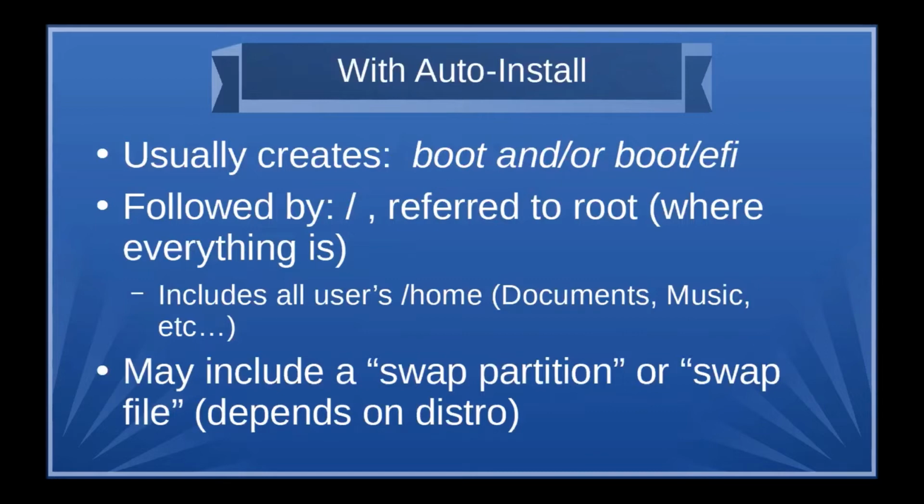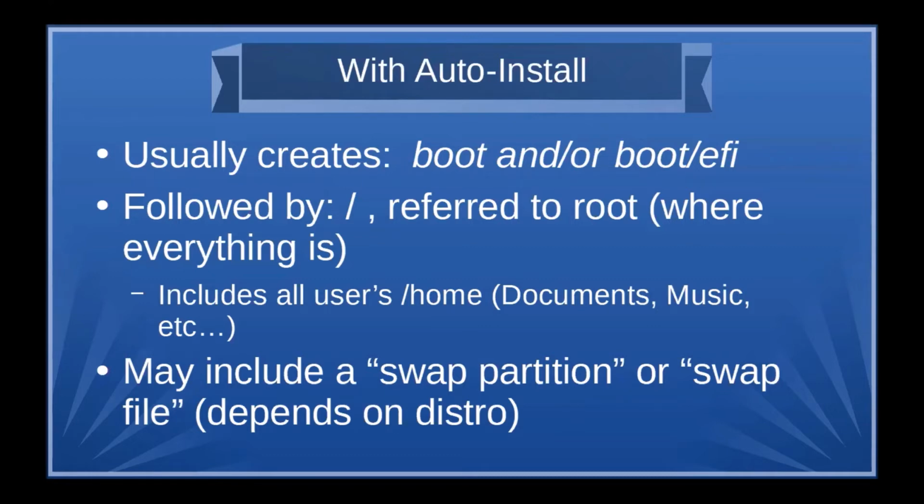It's identified with a slash, and everything is in there. Everybody's home for users, which includes all your documents and music. It's just like for Windows, but it's everybody. So if there's multiple users, all of those users have their own home inside this root on this partition.